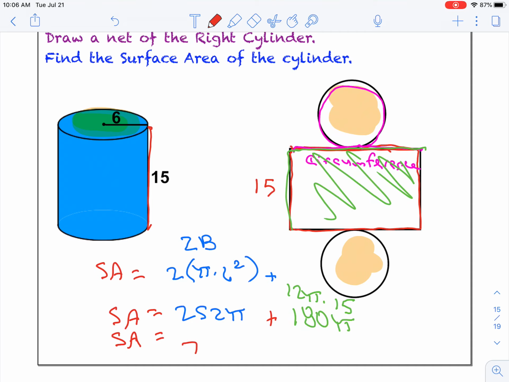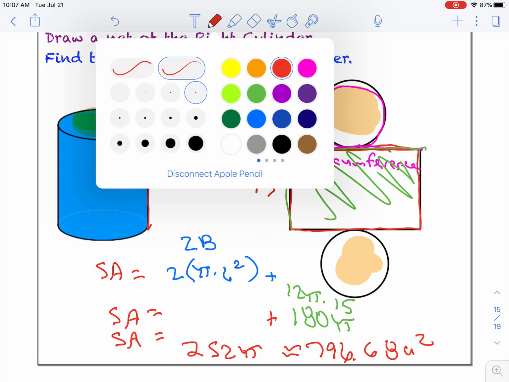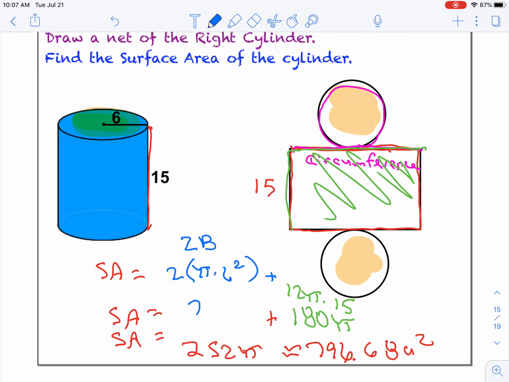That gives the combined surface area of 252 pi, which is approximately 791.68 units squared. This part right here is actually 36 times 2, which is 72. 36 times 2 is 72. So that's where I messed that up a little bit. So 72 pi. There we go.